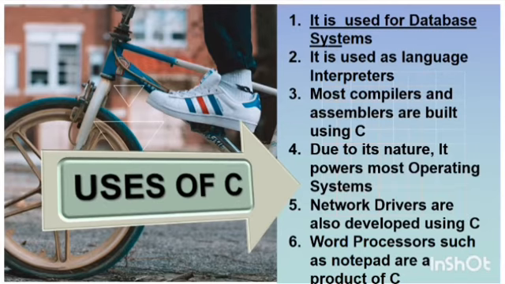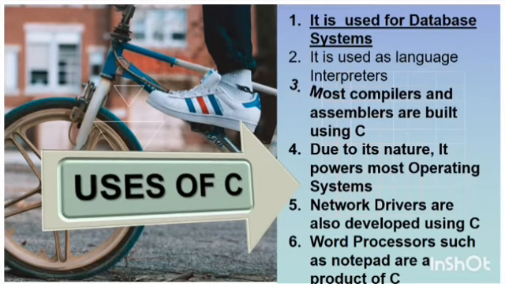Since computers basically understand machine language and we human beings understand human languages, there is a need for translators that will translate the high-level language into machine language. C happens to be the language that could be used to build compilers and interpreters, which are used as translators to translate high-level language to a lower-level language for the CPU to understand.